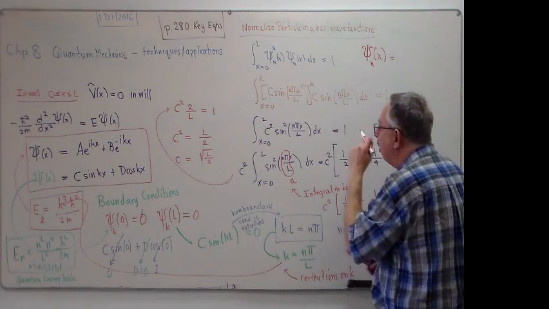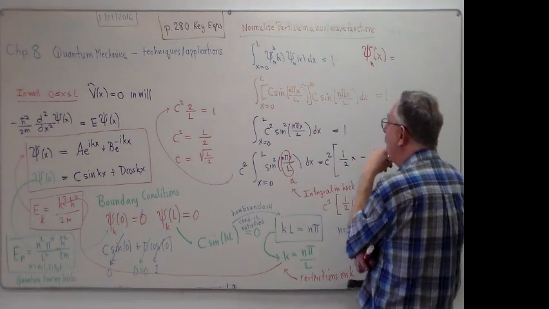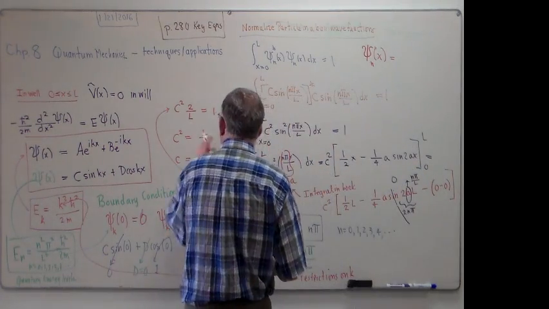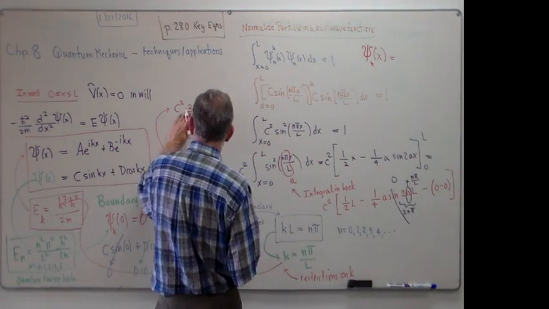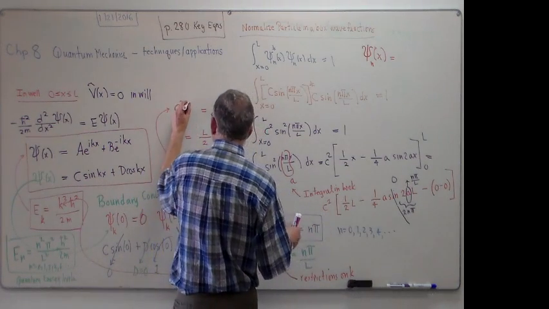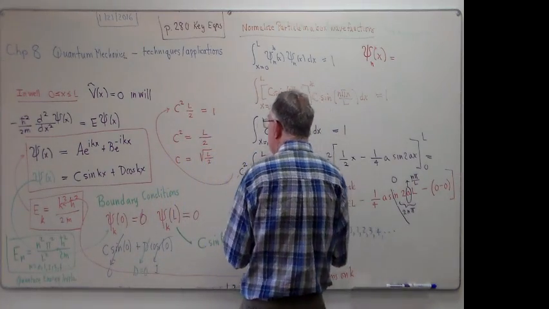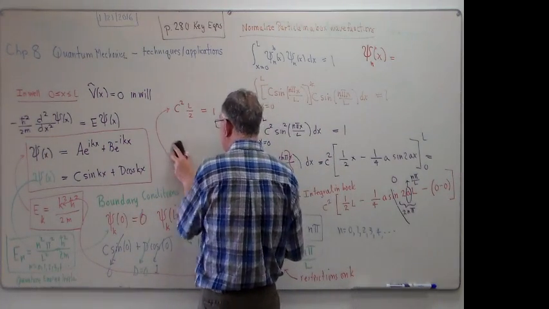Now, did I get this wrong? Oh, I got this upside down. It's L over 2, not 2 over L. That doesn't look right.